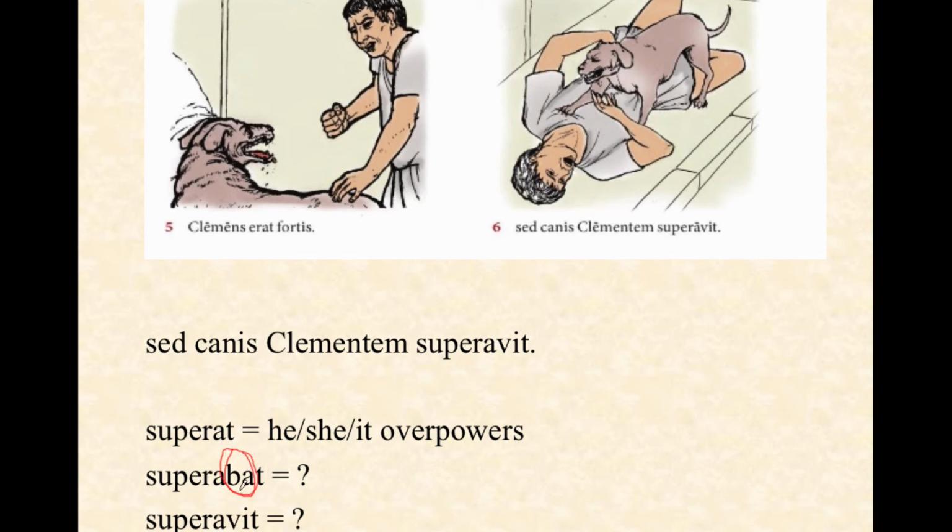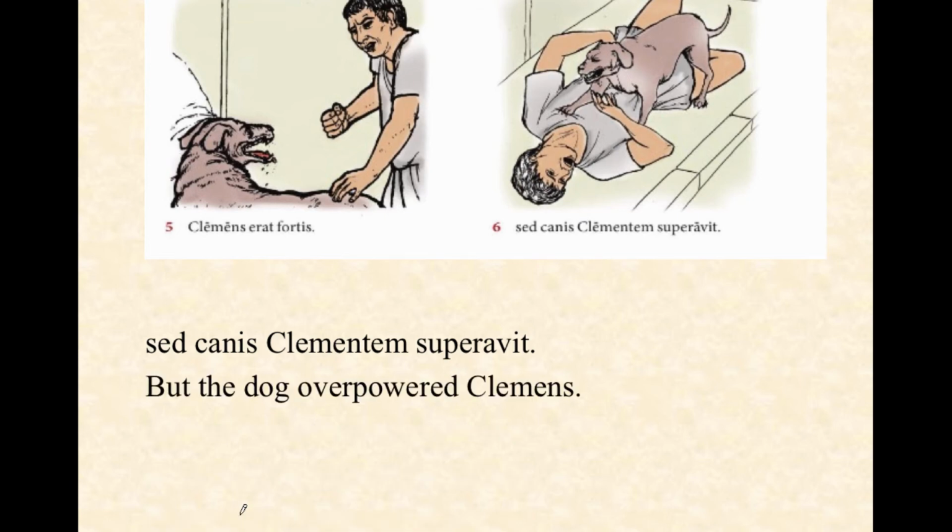We look at superavit. Oh, the V. That means perfect. Imperfect is going to be was doing an action. The V is going to mean did an action. And so superabat was overpowering. Superavit overpowered. But the dog overpowered Clemens.